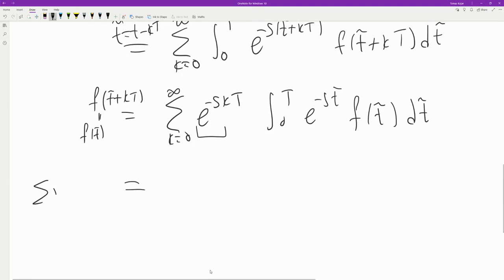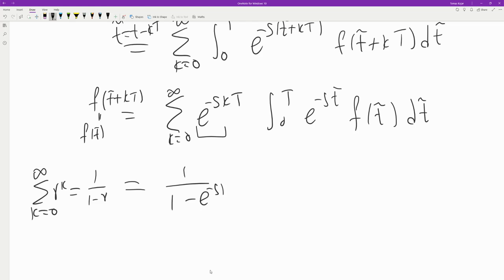Now we use the geometric series formula. And that's it.